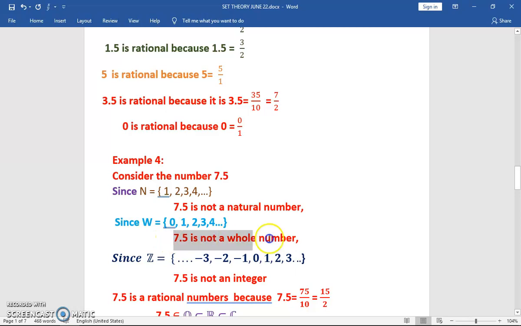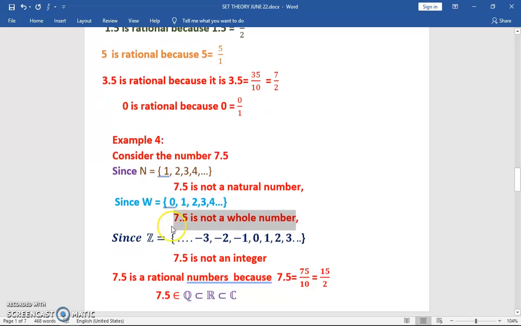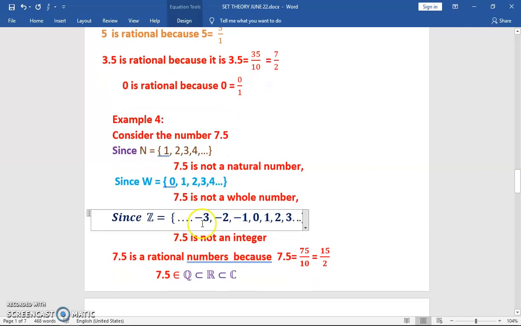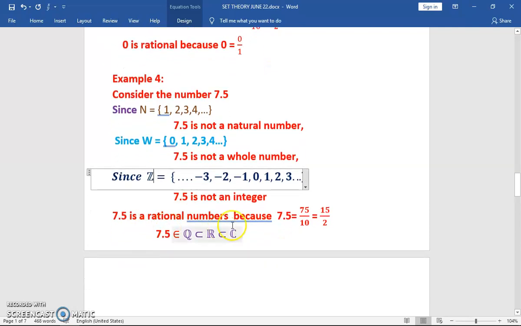Also 7.5 is not a whole number because it is not in W. Since Z is equal to this, 7.5 is not an integer either because it does not belong to Z, but it is a rational number because 7.5 can be written as 75 by 10, which can be reduced to 15 by 2. Or we can keep 75 by 10, which is in a by b form. This can be reduced further, but it is a by b form. So 7.5 is a rational number. So 7.5 belongs to Q.